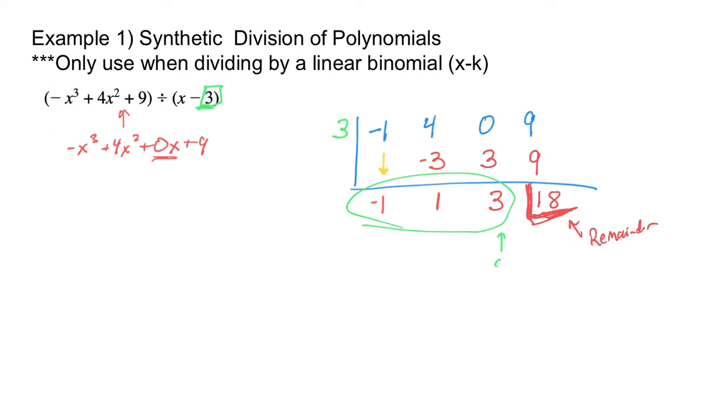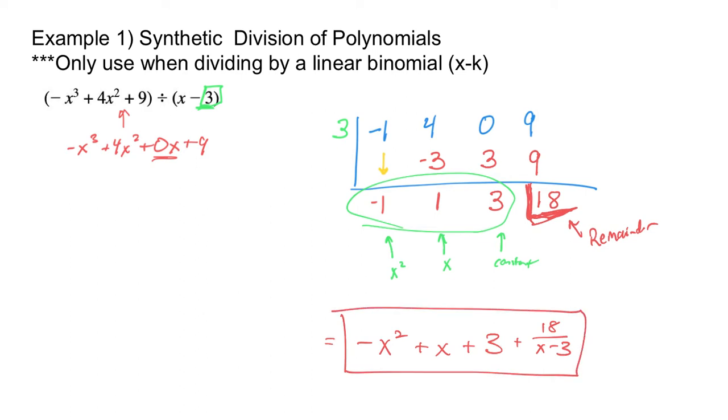So that's going to be my constant term. The next term is going to be my coefficient in front of my x. And then I have the coefficient in front of my x squared. So the final answer is going to be -x squared plus 1x plus 3, and then we got the remainder, so plus 18 over x minus 3.